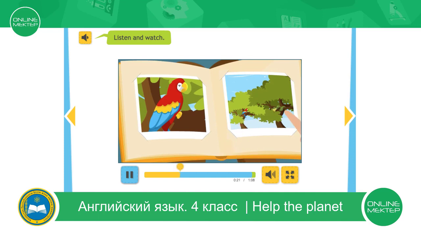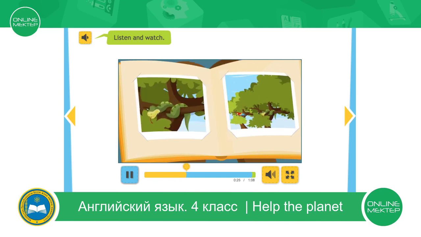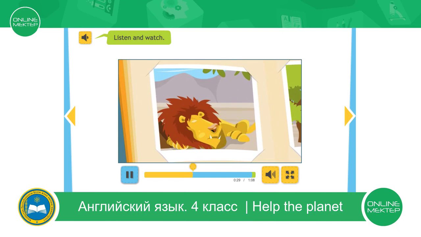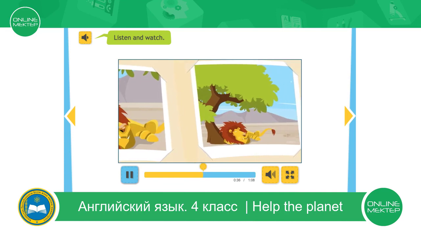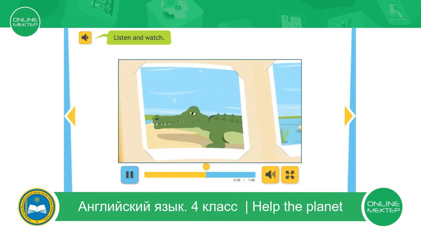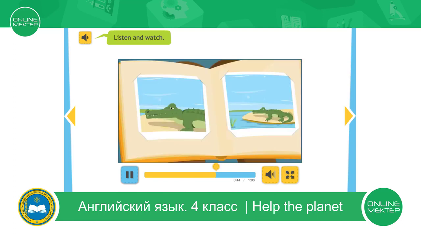Ooh, is that a green snake? Yes, the snake was in the tree too. Look, the lion's sleeping. Where was the lion? He was under the tree. That's a crocodile. Where was he? Not in the tree. No, he was next to the river.